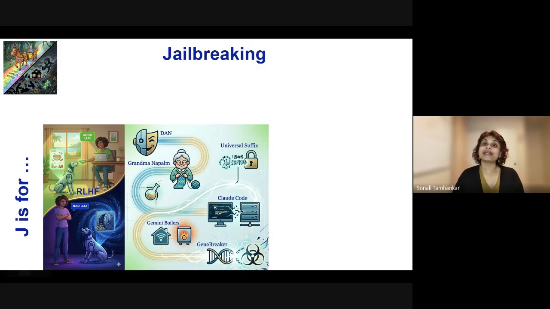Now, if you want to get existential, check out the paper Genebreaker that I link in the description below. This talks about jailbreak attacks against DNA language models, leading to potential concerns of generating harmful sequences such as pathogens or toxin producing genes. So, this is the lovely world we are living in right now.